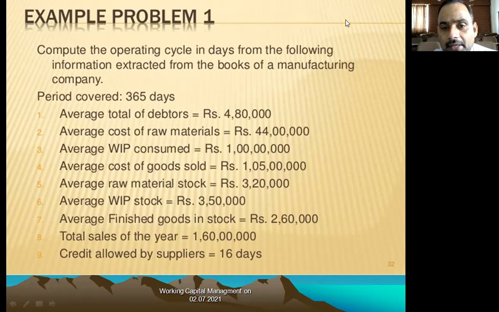The average debtors are rupees 4,80,000, the average cost of raw material is 44 lakhs, the average work in progress is 1 crore, and the average cost of goods sold is 1 crore 55 lakhs. The average raw material stock is 3 lakhs 20,000, the average work in progress stock is 3 lakhs 50,000, the average finished goods stock is 2 lakhs 60,000, and total sales of the year are 1 crore 60 lakhs. Credit allowed by the suppliers is 16 days.